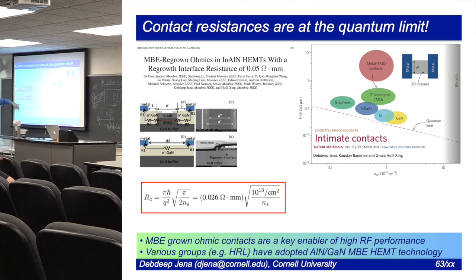Resistance is h and square root of carrier density in the denominator and some other constants, right? h over q squared, and then square root of carrier density. And when you do the numbers, if you remember, 26 kilo ohms is h over q squared. And so you get 0.026 ohm millimeter. So that's kind of the result you will get, times 1 over carrier density. It's all non-dimensionalized here in some sense. So if you have 10 to the power 13 per centimeter square carriers in the 2D system, then your contact resistance is this much.